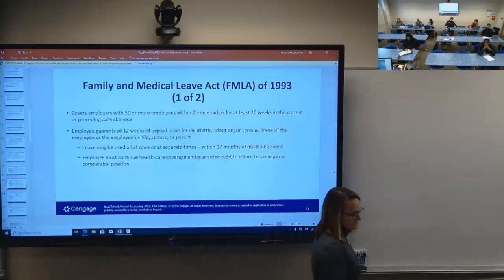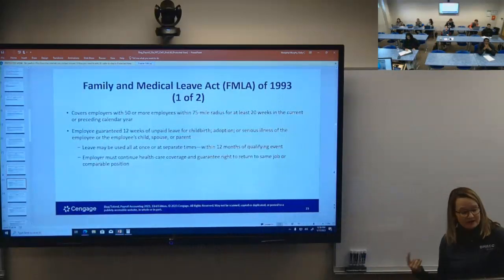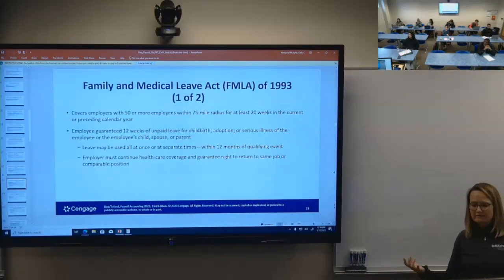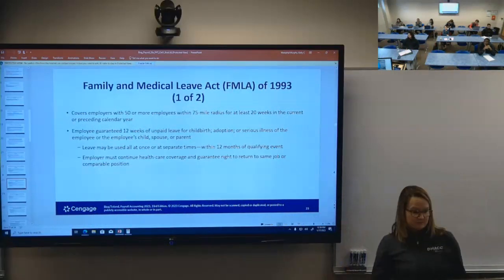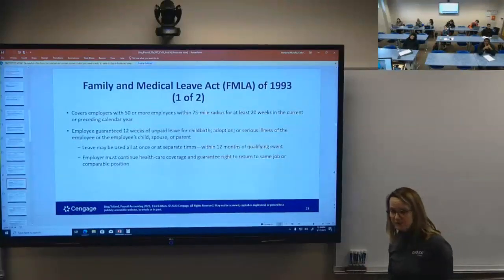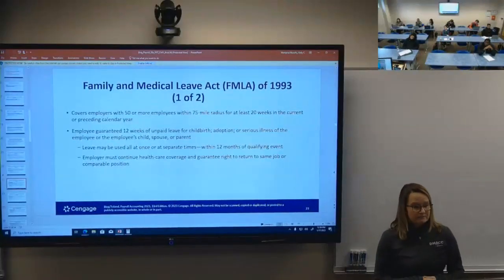Family Medical Leave Act is another one. Maybe some of you, I usually have students who have actually benefited from the Family Medical Leave Act. I don't know if any of you have had experience with it, what it allows.